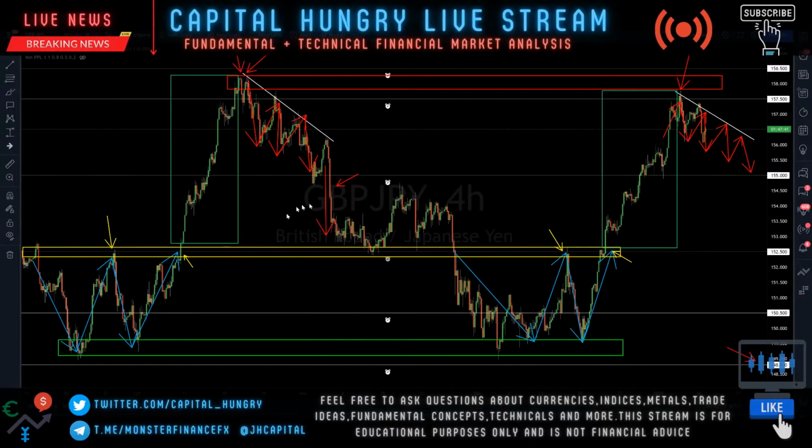I don't expect us to have this take place. What I expect us to do is a 50% correction of this impulsive buyer's run, roughly come back to 155 or 154.5, have a pullback and go collect more buy orders in the market from there before continuing back up bullish.